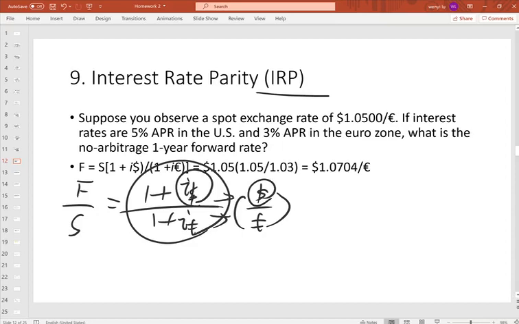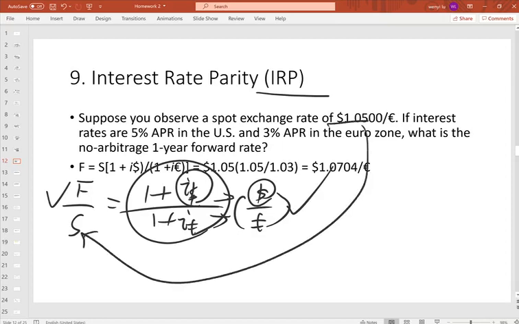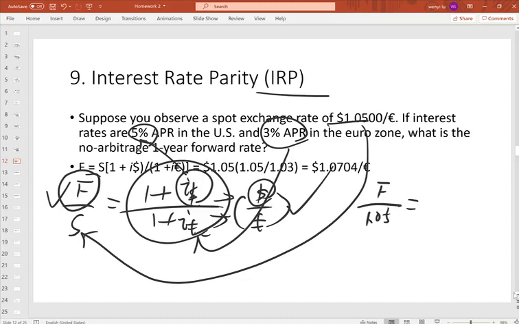So let's plug the numbers into these equations. The spot rate is 1.05, the US interest rate is 5%, and the euro interest rate is 3%. Now let's solve for the forward rate. F over 1.05 equals 1 plus the US interest rate of 5% over 1 plus the euro interest rate of 3%.